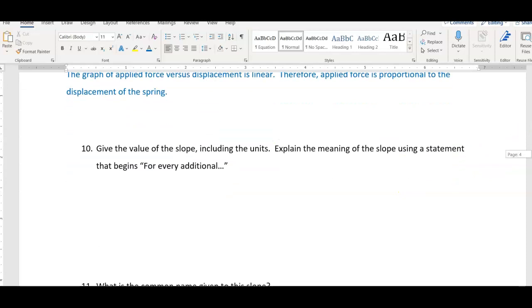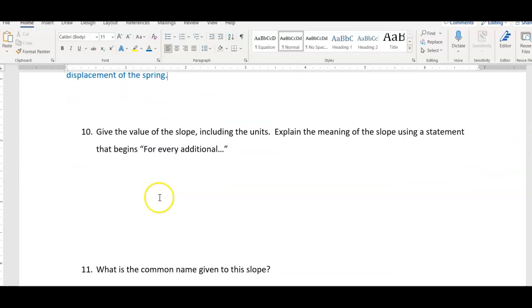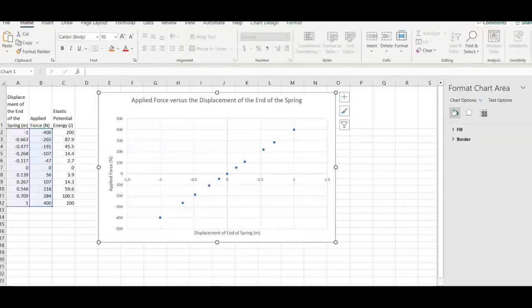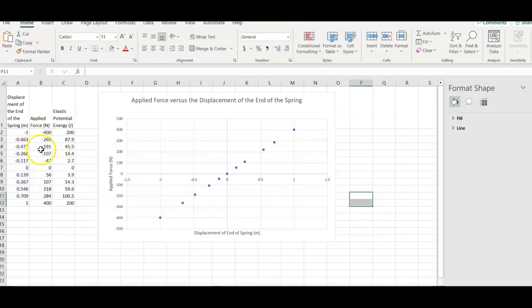And so then it says give the value of the slope, including the units. Well, in this particular graph, because we're using a simulation tool, every one of these data points is exactly on the line. And so rather than doing linear regression, it's okay to just choose 2 points and calculate your slope from those 2 points.